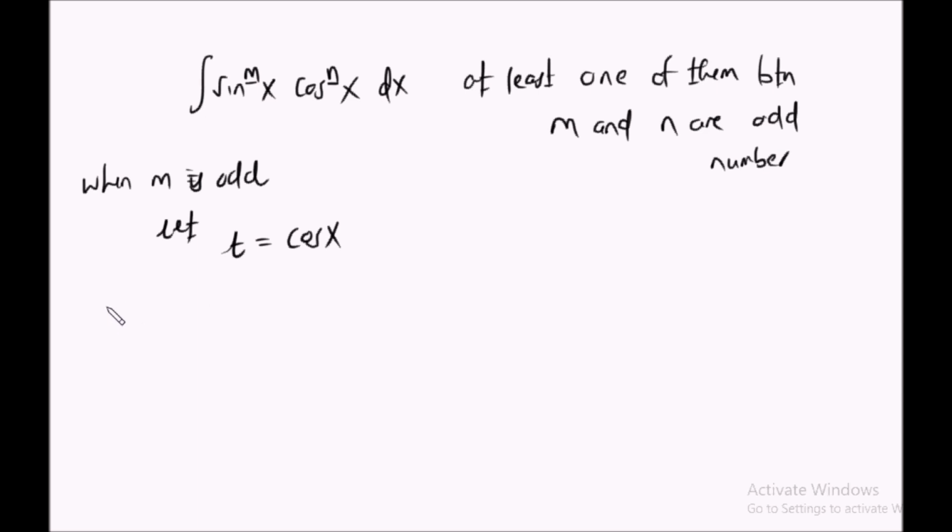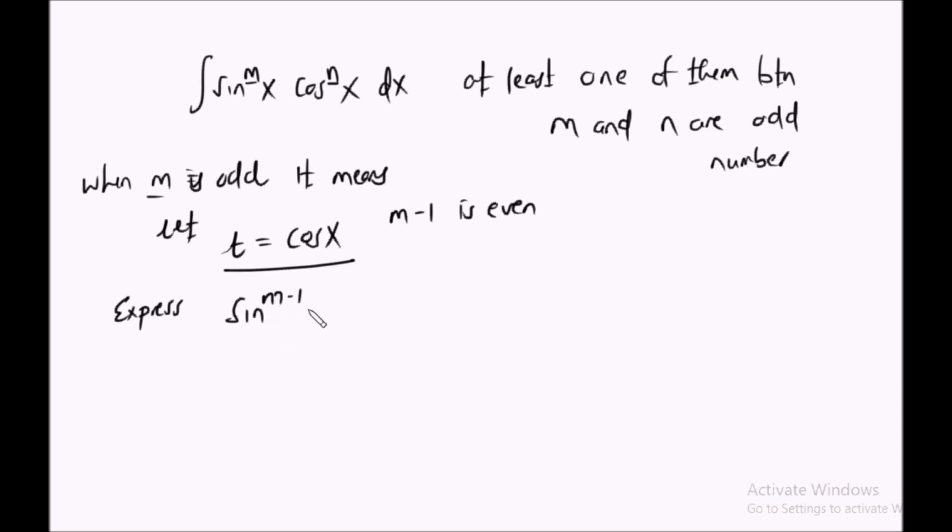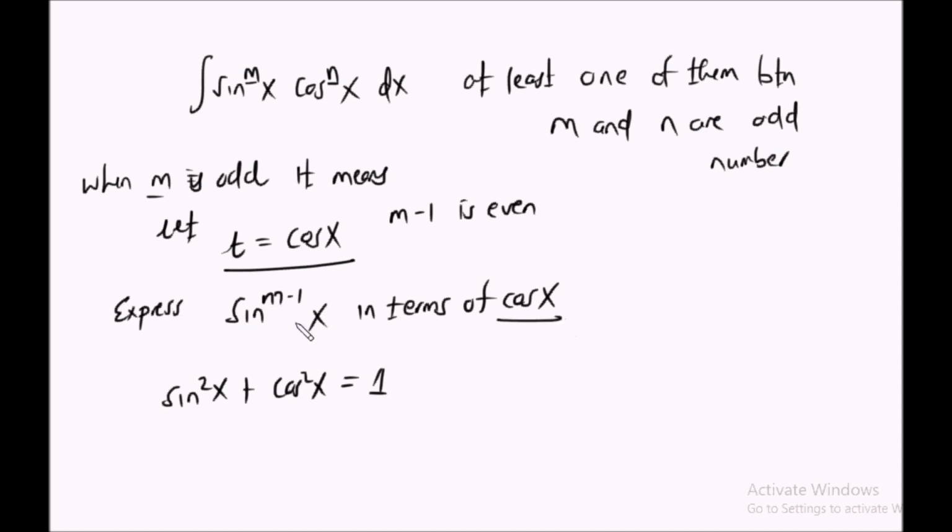And then you're going to express sine of x power m minus 1, since if m is odd, then m minus 1 is even, in terms of cos x. How are you going to do that? Using sin squared x plus cos squared x equals 1. So when m is odd, let t equal cos x, express sine of x power m minus 1 in terms of cos x, and you will get the answer. We shall do an example of this type of integral in the coming tutorial.